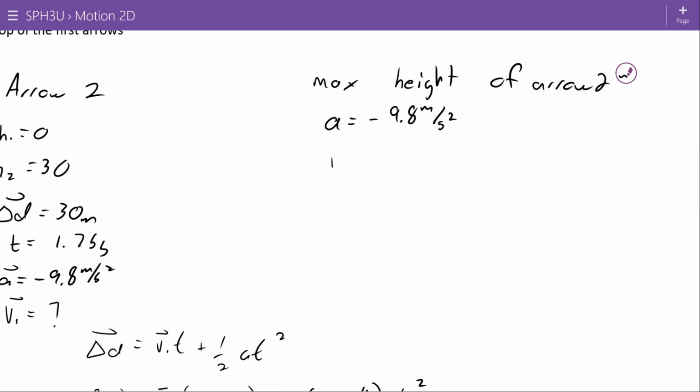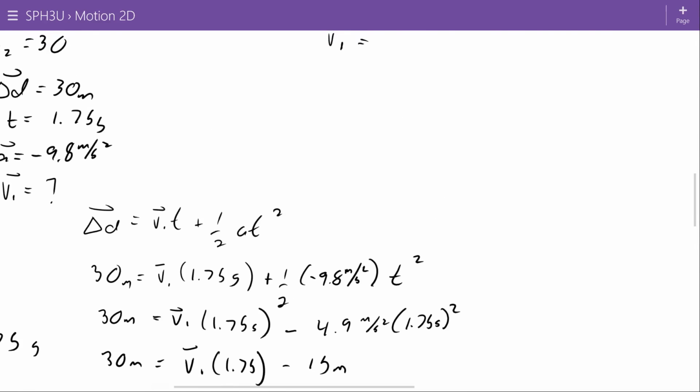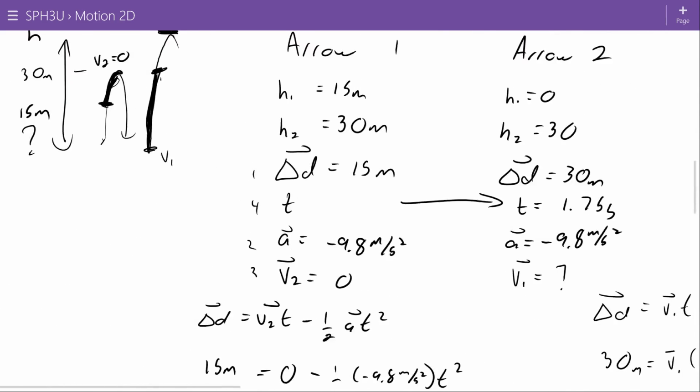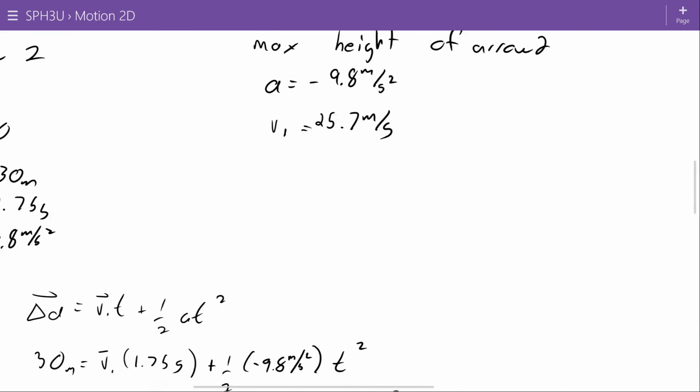And I know my initial velocity from everything that I've just done to be 25.7 meters per second. And I might be tempted to use that time that I calculated, 1.75, but that's not the total rise time of the arrow. When this arrow hit that point, that's 1.75 seconds. How high it goes after that is not included. So I can't use that.